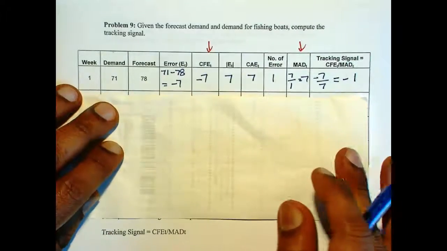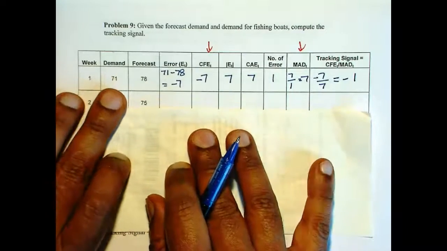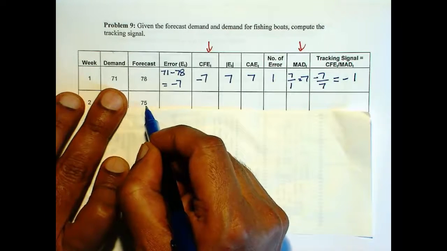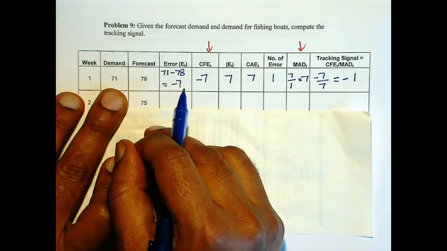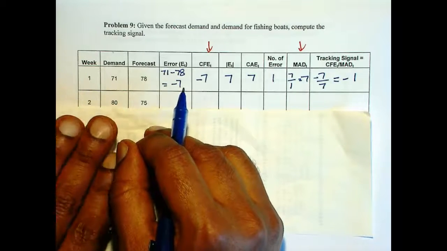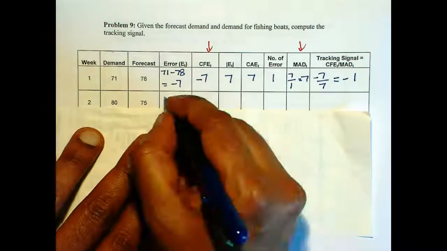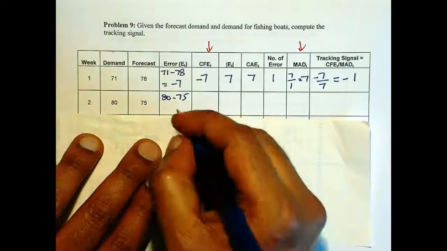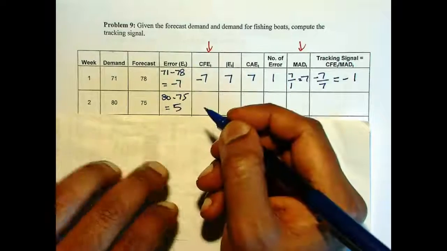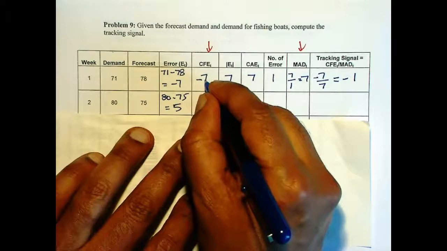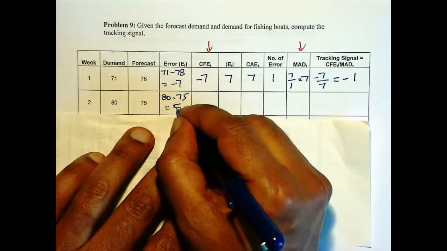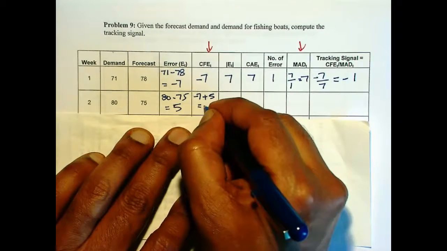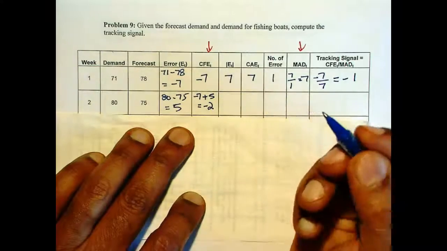Now we compute the forecast for the next time period. Let's say it's 75, whatever method. And then at the end of week 2, we have the actual. So now the error is 80 minus 75 equal to 5. Then cumulative forecast error now is the previous total plus the current one, so you get minus 2.